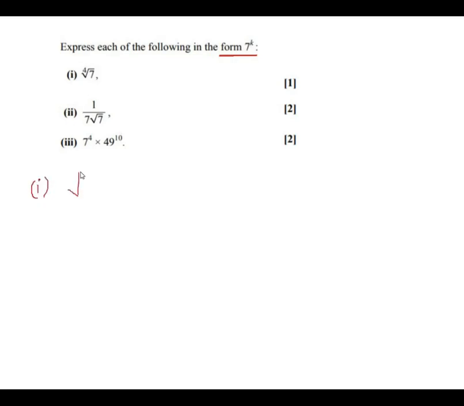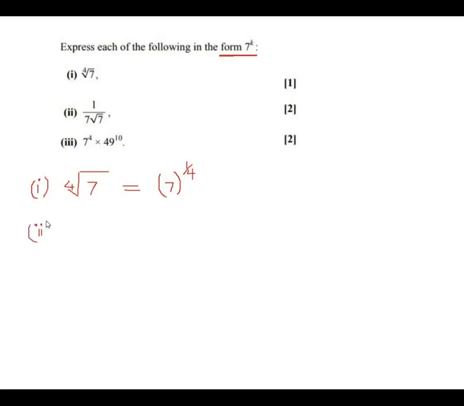It is the fourth root of 7. So we can simply write it as 7 to the power of 1 over 4. This is explained in the previous questions because we used the law of indices in this. So we have expressed this as 7 to the power of 1 over 4.